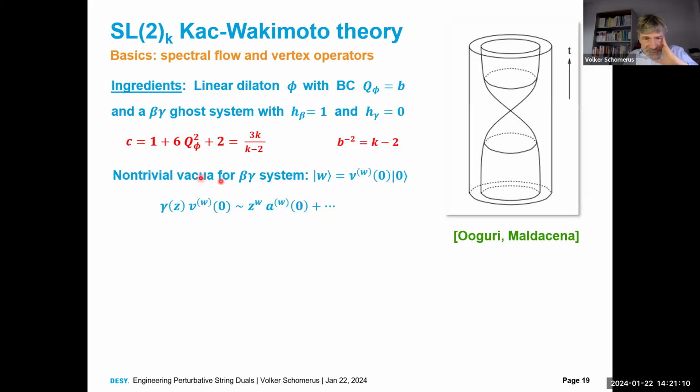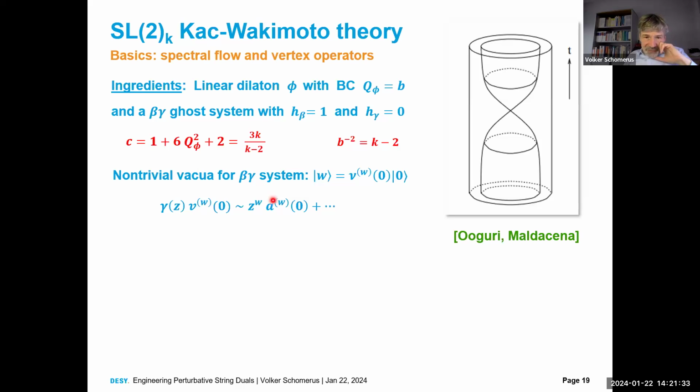What is very important to include here is a non-trivial vacuum of the beta gamma system, so-called spectrally flowed vacuum. Normally, of course, on the ordinary vacuum of the beta gamma system, gamma, being a field of dimension 0, would be constant.